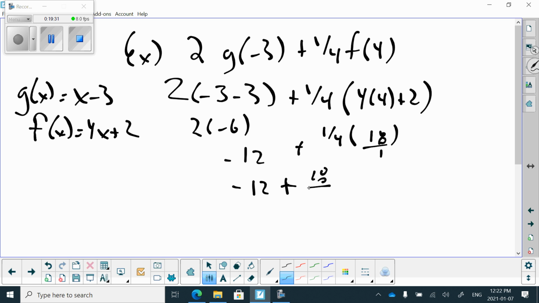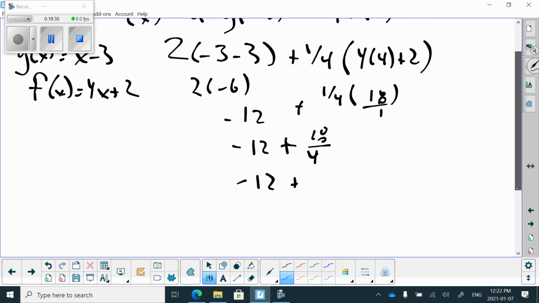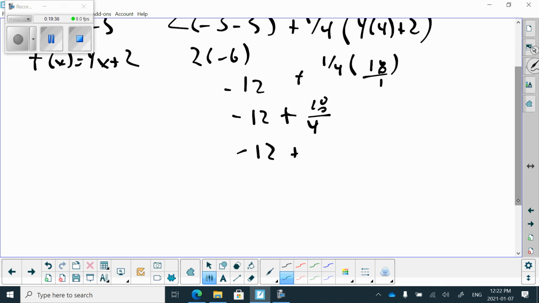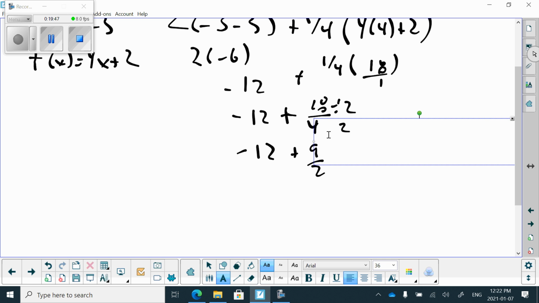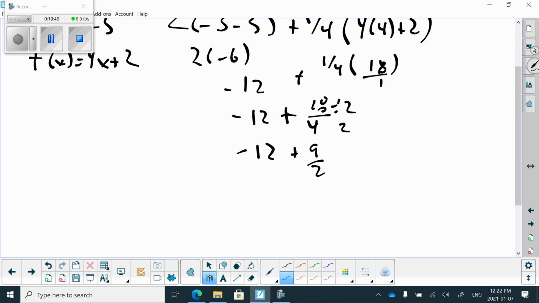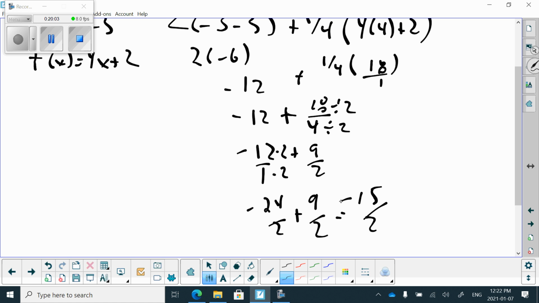Yeah, good. And then we'd reduce that to 4.5. And if you're showing that, it's fine. Or do something there. You times the -12. Kind of thing.